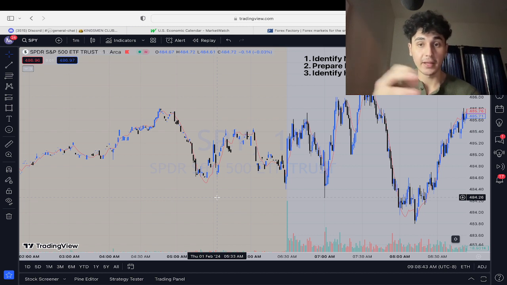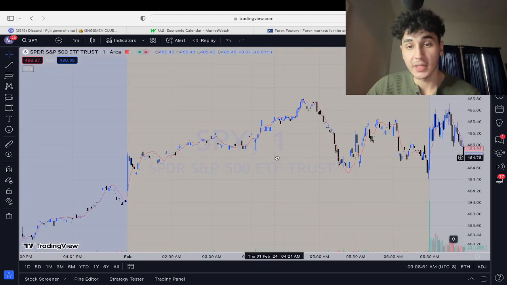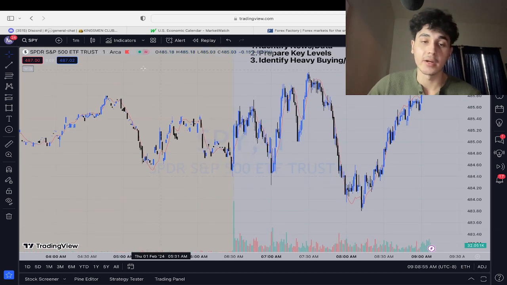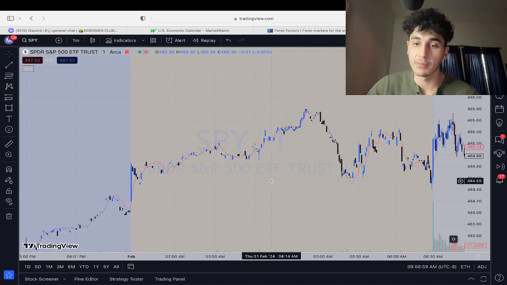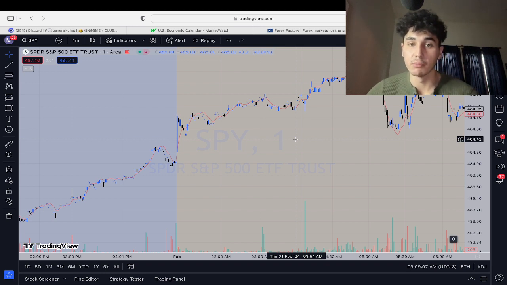Now, kind of switch it to the opposite. If there isn't any impactful news during pre-market, the price is likely to open near where it closed at the previous day. You guys kind of get the point. But obviously, if there is some type of news during pre-market, that'll lead to pre-market volatility, also meaning that pre-market is just going to either move up a couple dollars to the upside or move down a couple dollars to the downside, right?